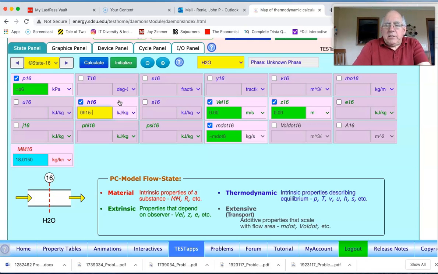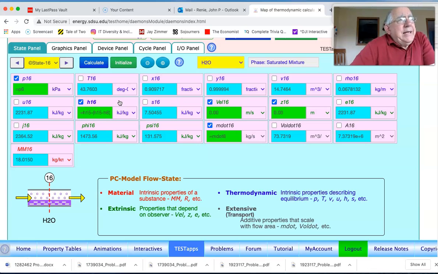And so then we subtract the isentropic condition. Now the isentropic condition is going to be equal to H15 minus H6, okay? And H6 is the isentropic value associated with the isentropic expansion in that second part of the turbine times 0.85.